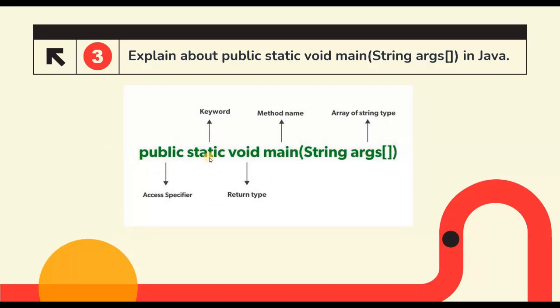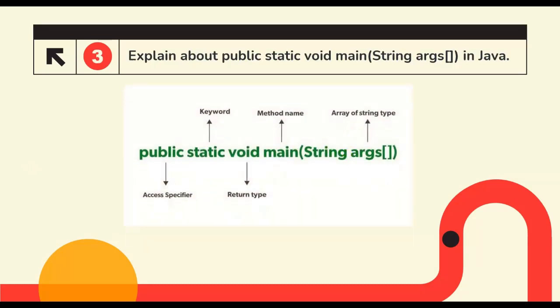Static means the static keyword is used so that we can use this particular method without initializing a class, which means without creating an object, so unnecessary allocations are not required here. And void, as you know, is a keyword meaning this particular method doesn't return anything. Okay.